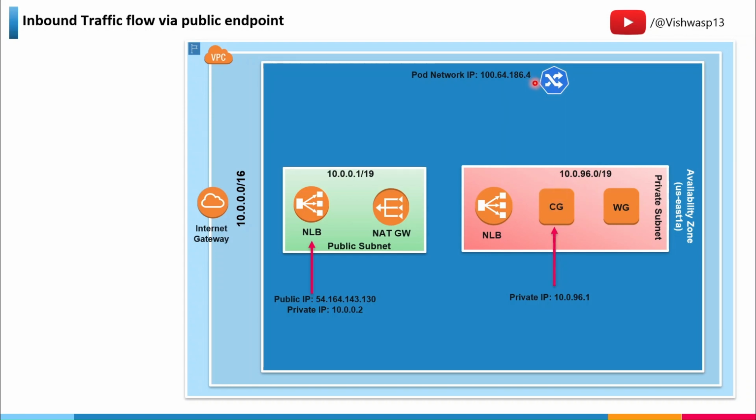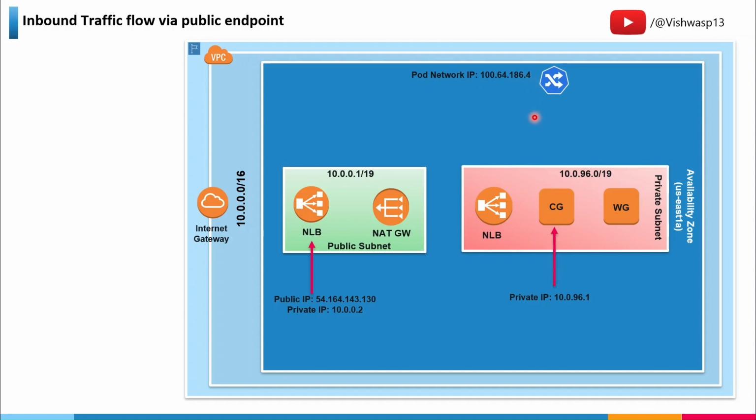This pod will have its own IP address from the pod network, and this network usually has IP addresses belonging to the 100 series. In this case, the ingress pod has an IP address of 100.64.186.1.